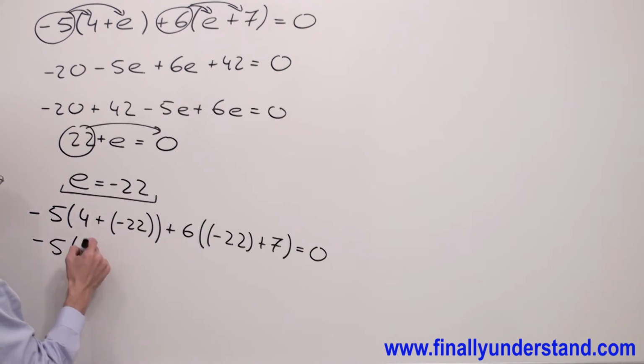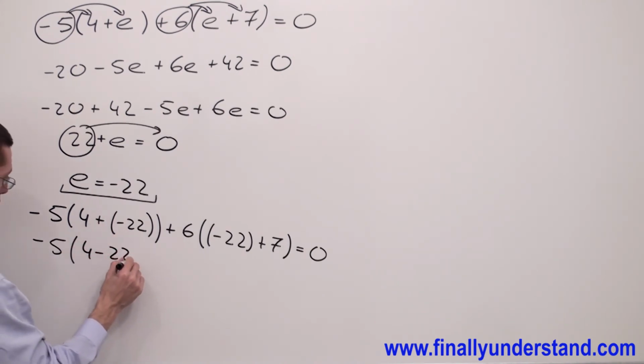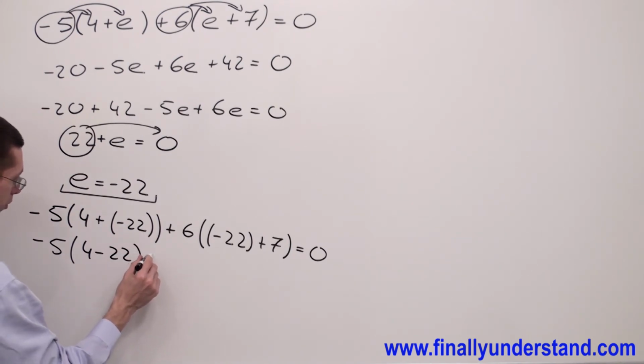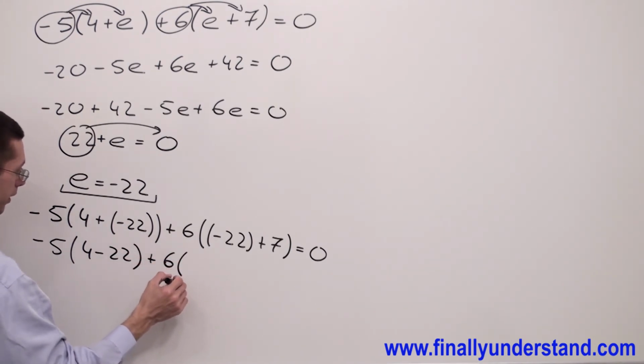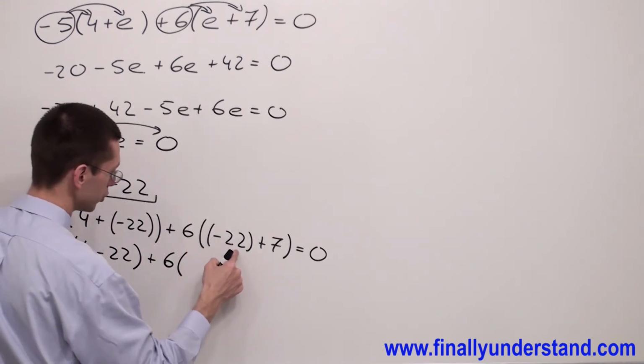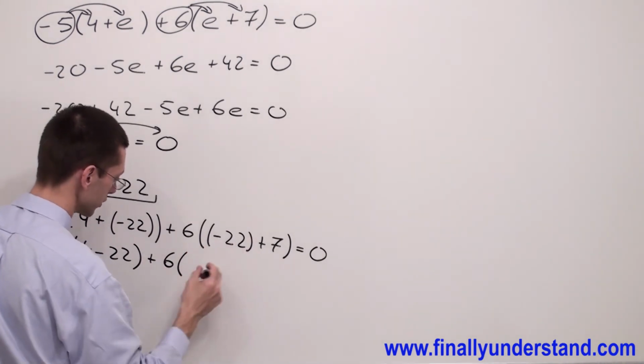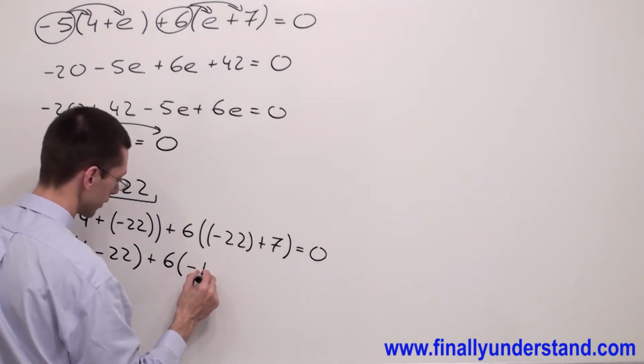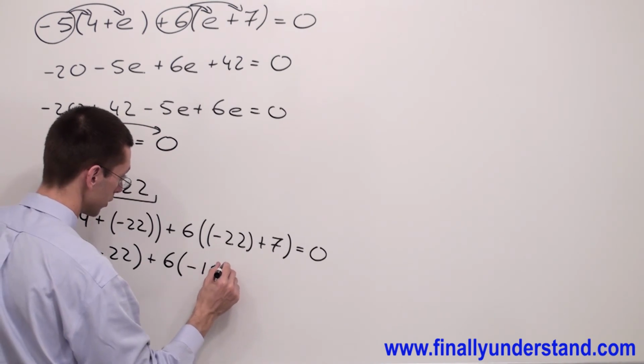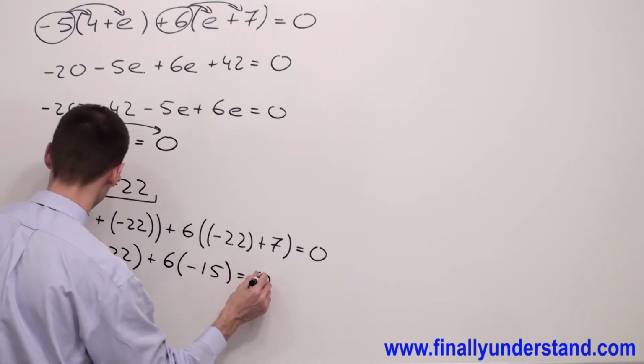I have 4 positive times negative gives me -22 plus 6. -22 plus 7 is -15 equals 0.